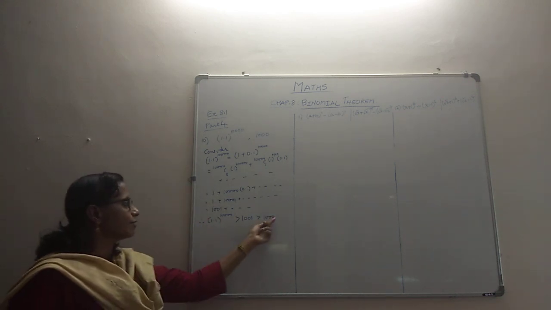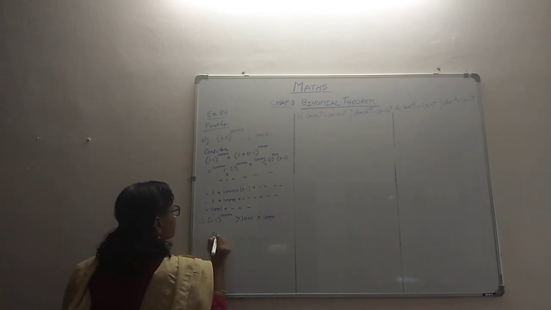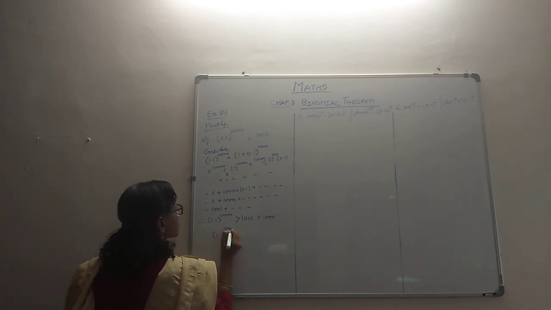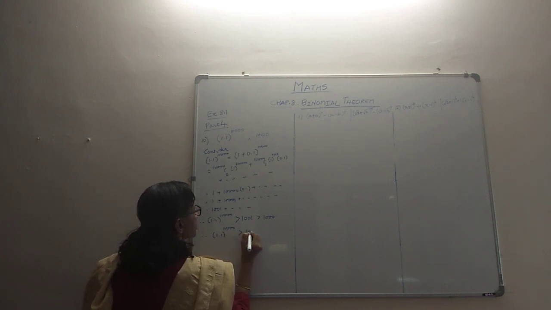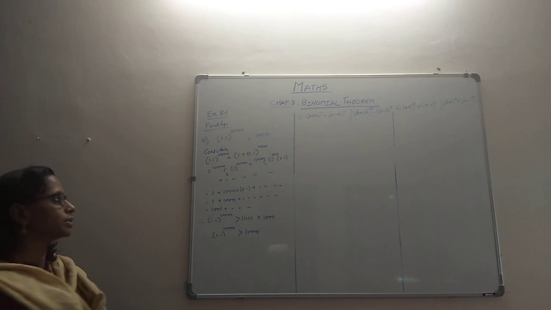So, indirectly 1.1 raised to 10,000 is bigger than 1000. That's simply the working of it.